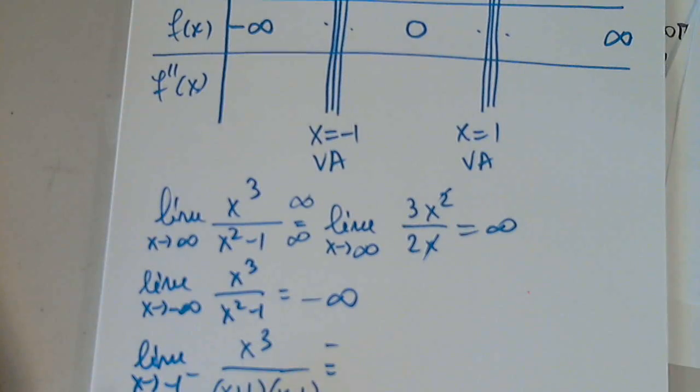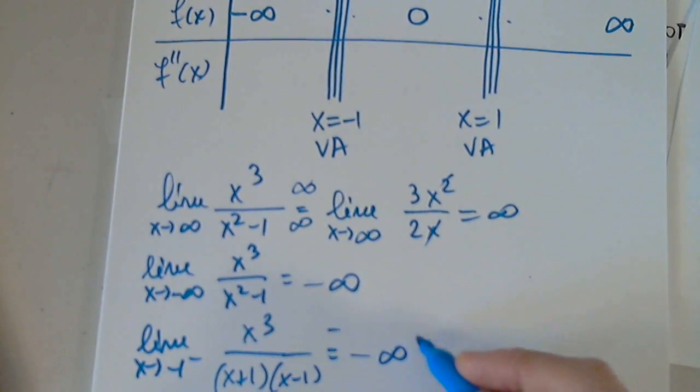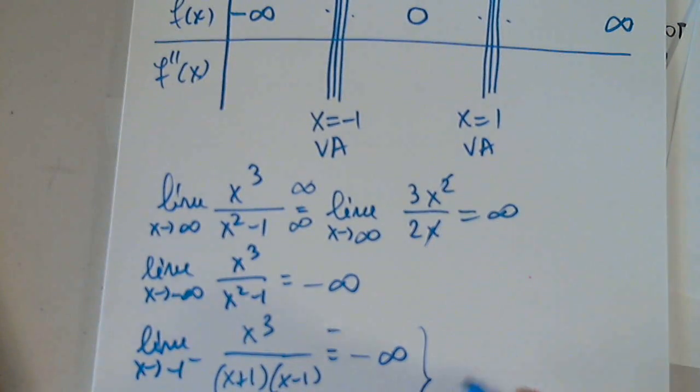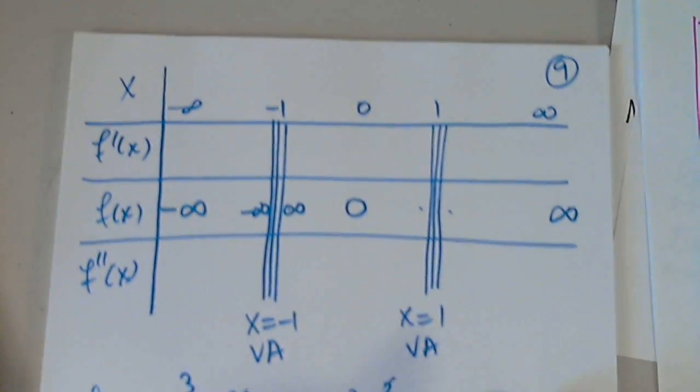And now -1 from the left, -1.1, negative, negative. So 3 negatives. -1 from the right is -0.9, but this will be positive, and this will be negative. The top is negative, so positive infinity. So we know that this is a vertical asymptote. So we have negative infinity and positive infinity.